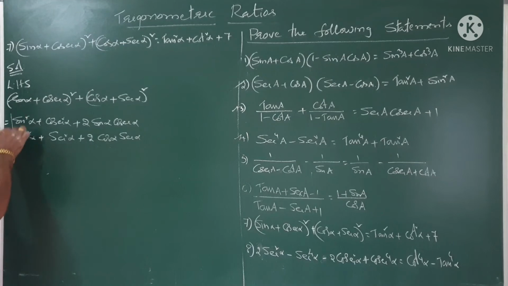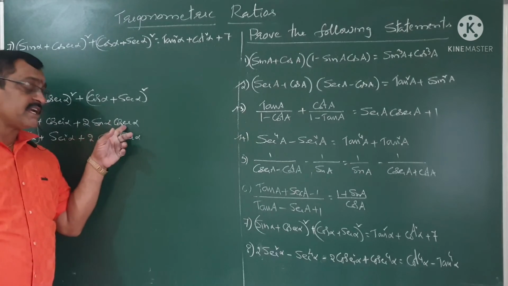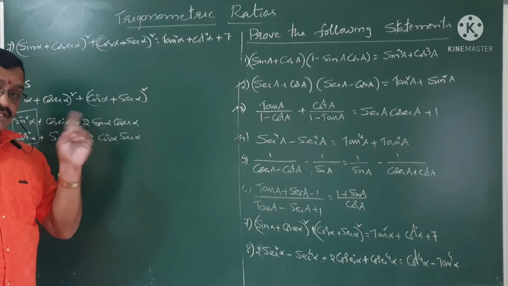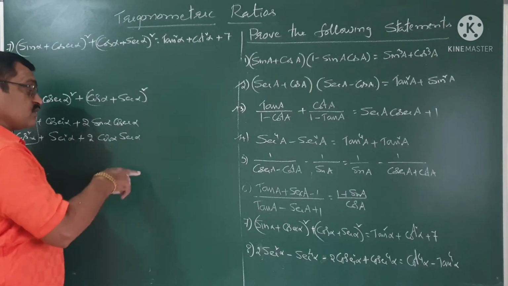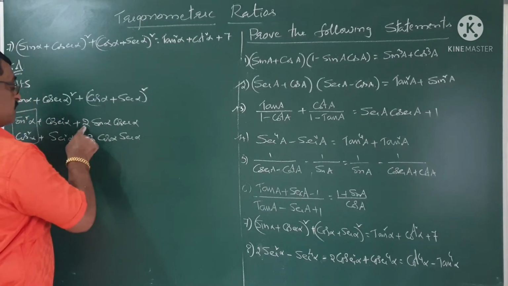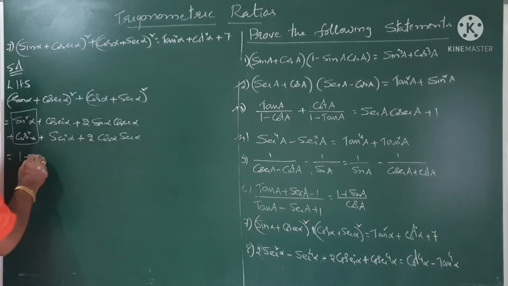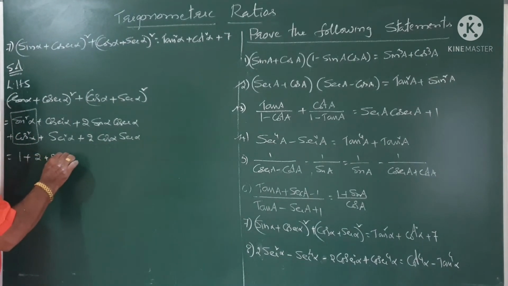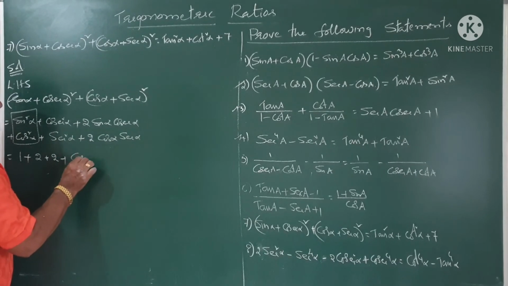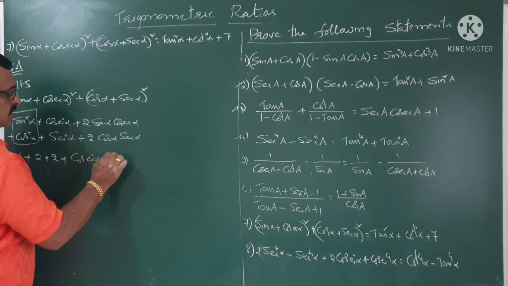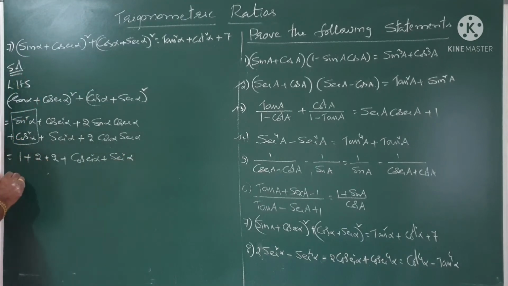Here, if you add sine square and cos square, you will get 1. Plus sin alpha cosecant alpha, that product is 1 because they are reciprocal to each other. The same way, cos alpha into secant alpha is also equal to 1. So here you get a 2, you get a 2. So this is 1 plus 2 plus 2, plus remaining cosecant square alpha plus secant square alpha. So 1 plus 2 plus 2 is 5.